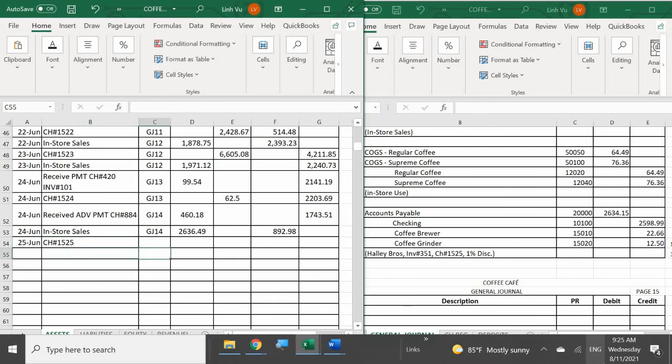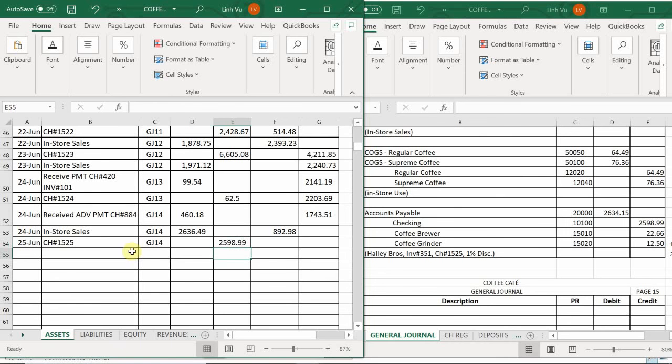Sorry. No worries. Journal 14. And we are going to credit for $2,598.99. And there we have it. Back in the hole once again.